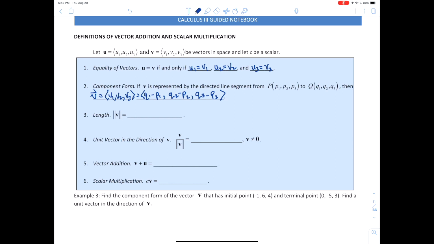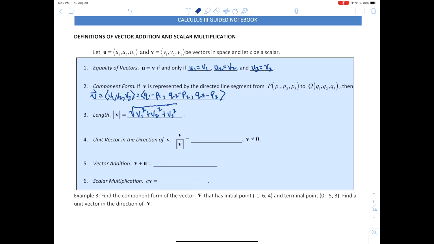Now, the length of vector v is just going to be the square root of v1 squared plus v2 squared plus v3 squared. So you just sum up the square of each of the components and square root it. All right. So the unit vector in the direction of v. Well, remember, you just divide that vector v by its magnitude.